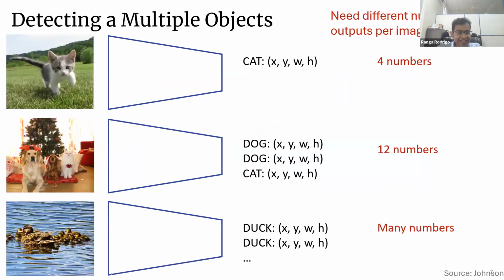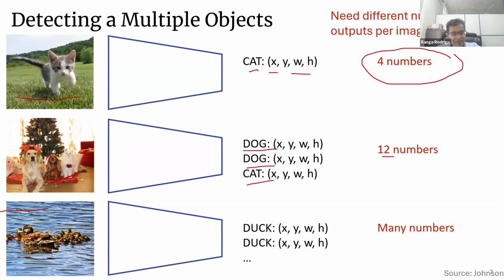That is a problem. So you can see in this case, to detect a cat, we have no problem. We can say cat and X, Y, W, H. We need to just predict four numbers. Here you can see there are three, we don't call them object, three animals, two dogs and a cat. So we say dog and the bounding box, dog and the bounding box, cat and the bounding box. And therefore we have to give 12 numbers.